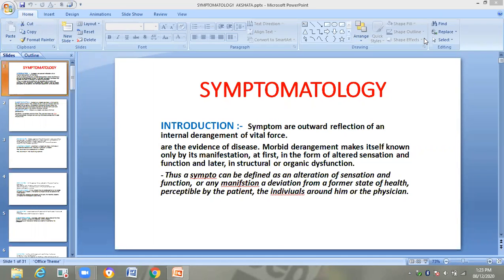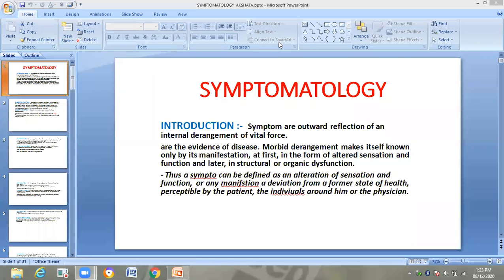In the state of health, when the patient is healthy, the spiritual vital force unboundedly controls, regulates and coordinates all the activities.